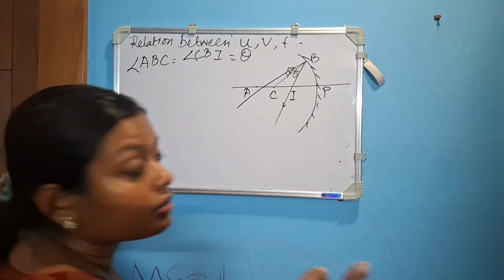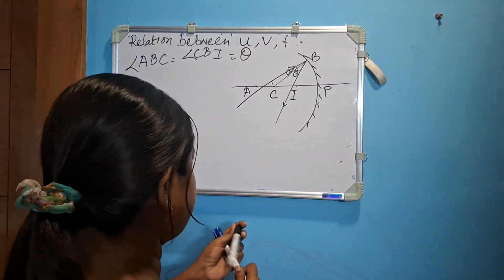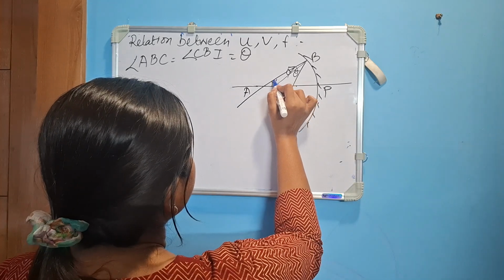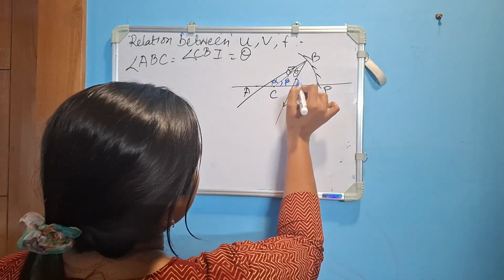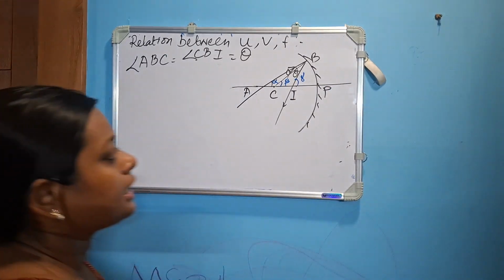Now we are taking three more angles. First one is alpha, next one beta, and next one gamma. These three angles we are choosing.